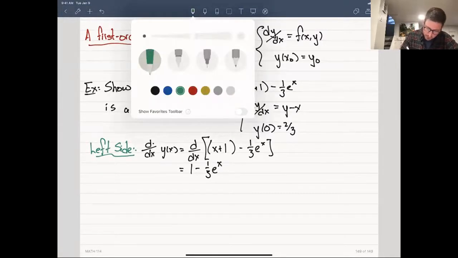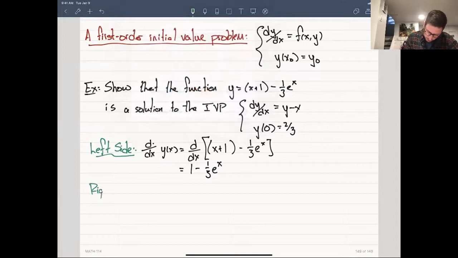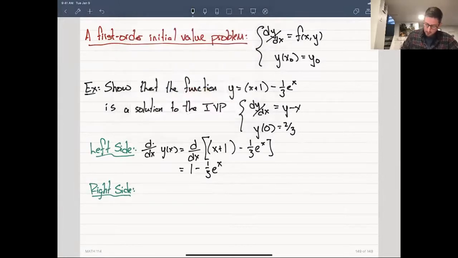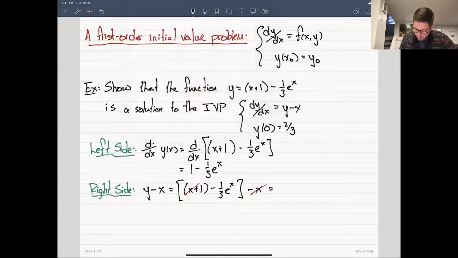And similarly, the right side gives us y minus x. Let's put this all together. So here's the function y. And then subtracting x off that, the x's are going to cancel. So that and that cancel. And so we get 1 minus 1/3 e to the x.